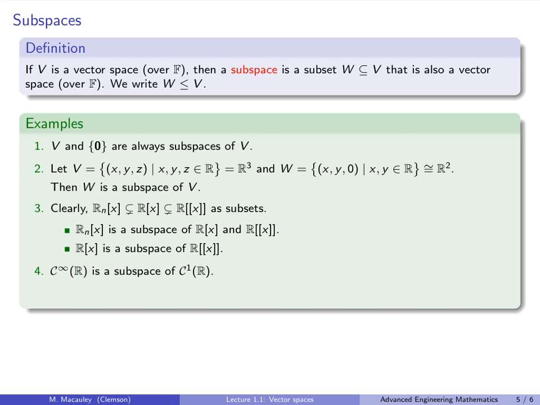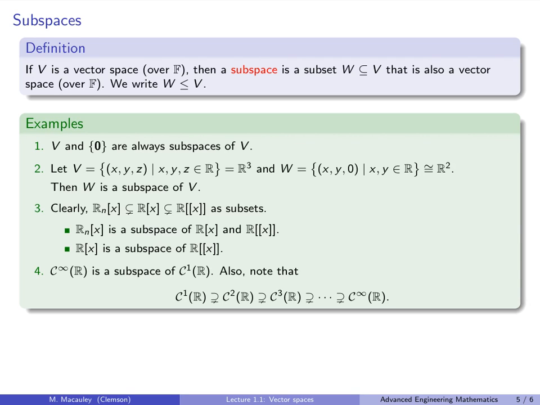C infinity is a subspace of C1. I've said this before. This is clearly a subset of C1 because every infinitely differentiable function is once differentiable, and because this is a vector space, it's therefore a subspace.